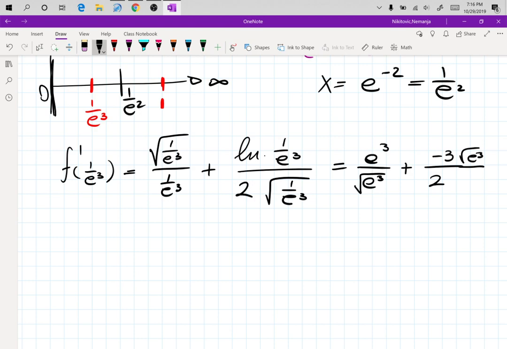So now I will multiply. Do I want to find a common denominator, or do I just need to know if this all adds to more or less than 0? So I just want to know whether it's positive or negative. So what do I have? I have e cubed divided by e to the 3 halves, and I'll combine those exponents, minus 3 halves e to the 3 halves.